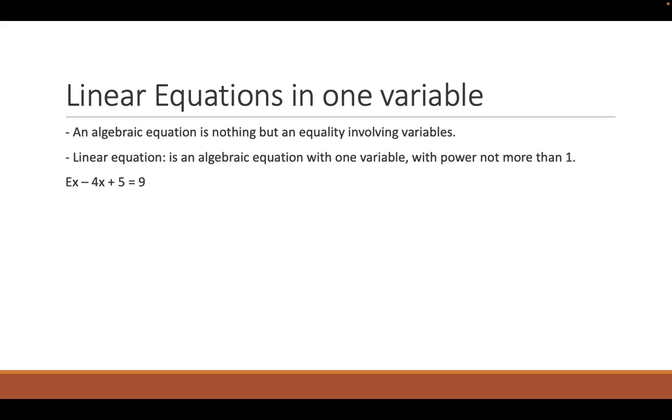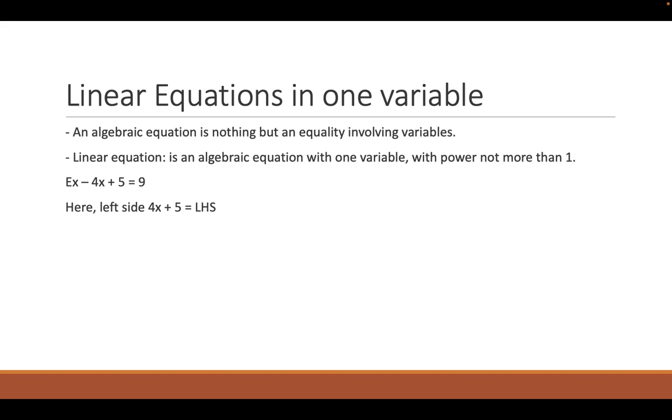Example. So this is a linear equation. It is saying 4x plus 5 equal to 9. Now what does it mean? So this is an equation with a variable and expression in left side, expression in right side, where left side is holding variables, right side is just holding a constant. LHS means left hand side.